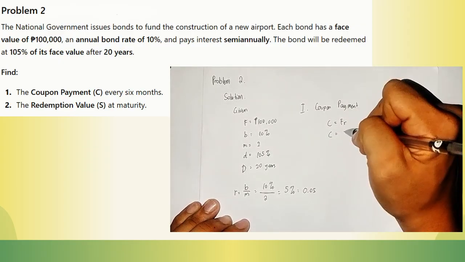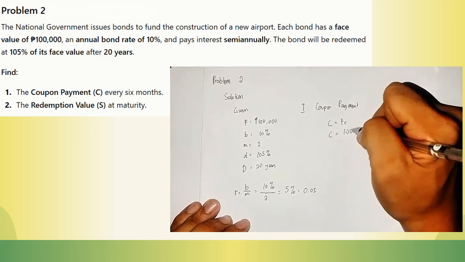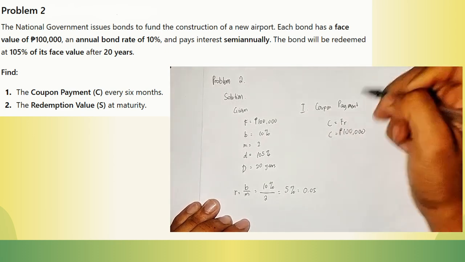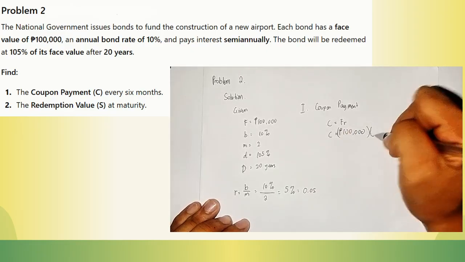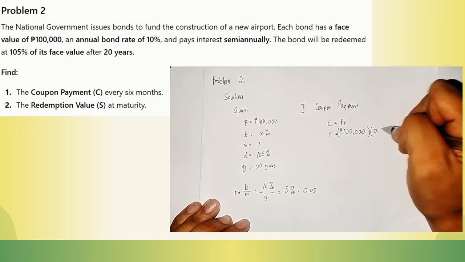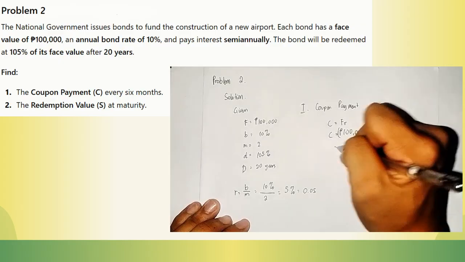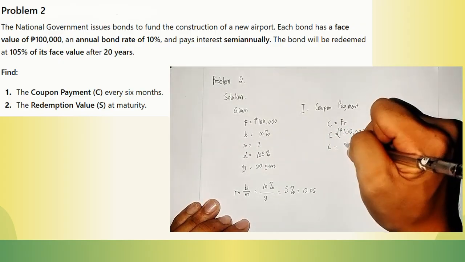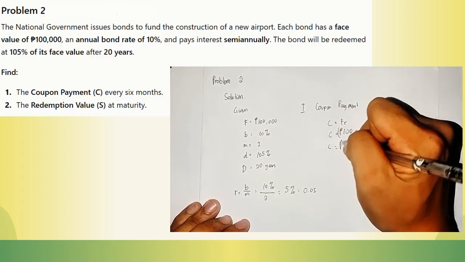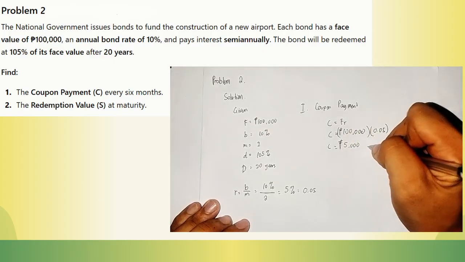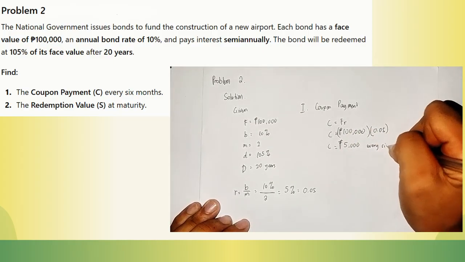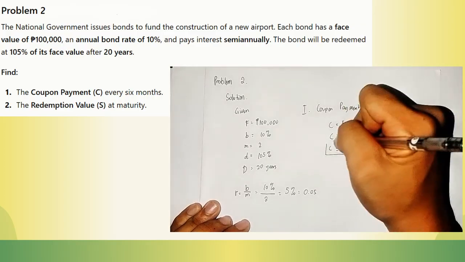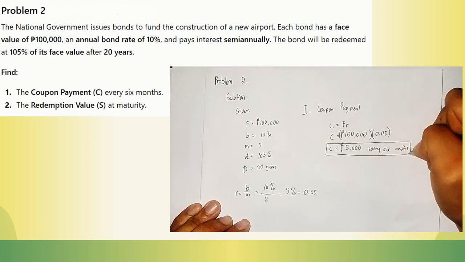We will substitute it to our formula. F is 100,000 pesos times 0.05 or the 5%. C now is equals to 5,000 pesos every 6 months. That is now the value of the coupon payment.